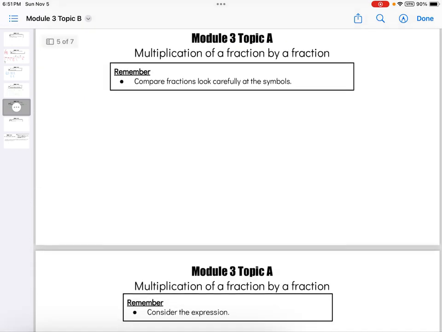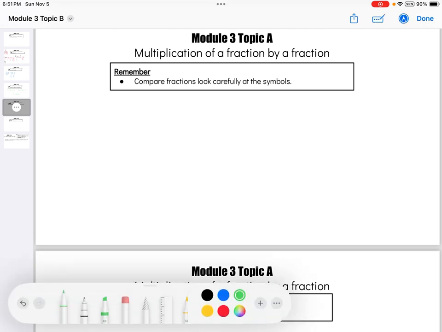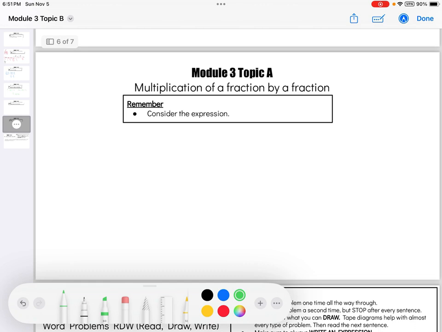Okay, the next section is to compare fractions yet again. But now we're kind of leaning into explaining why it works. So I want you to consider the expression.